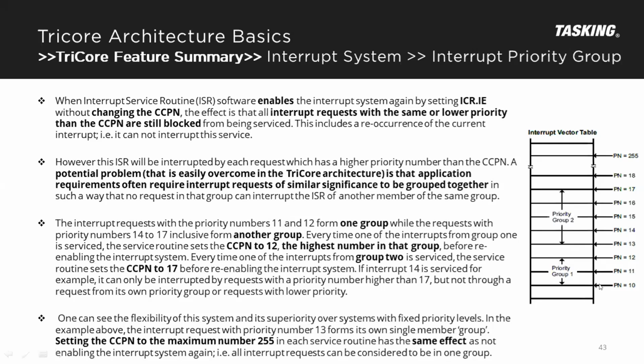So any interrupt that comes after that will not be executed because it has a priority number less than 255. So putting the current CPU priority number to 255 has the same effect as disabling the interrupt.